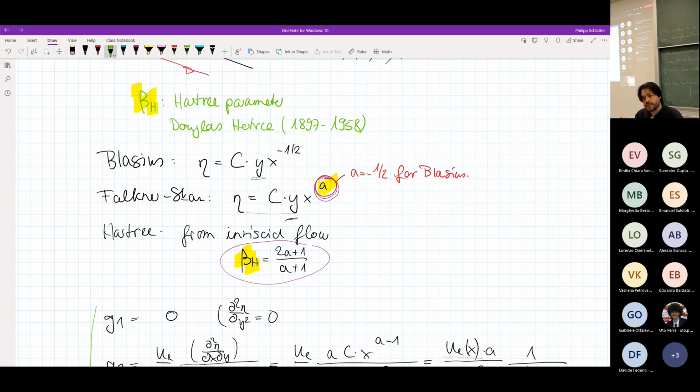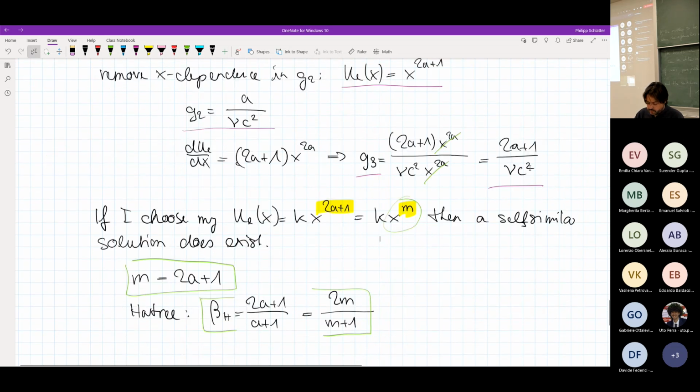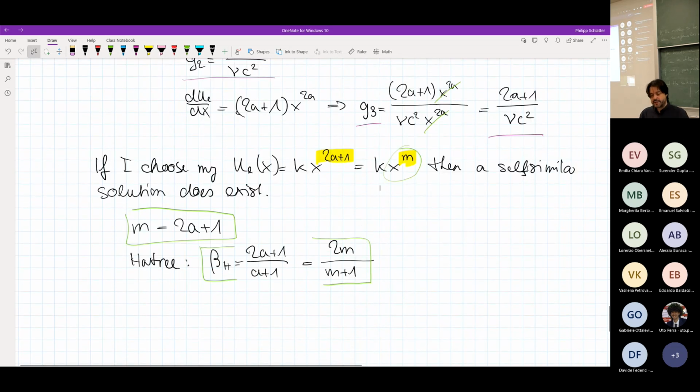So there is a relevance for all of them, but in the end, they really mean the same thing. Okay. So I guess the first test whether this actually all makes sense would be to check how it looks for Blasius.